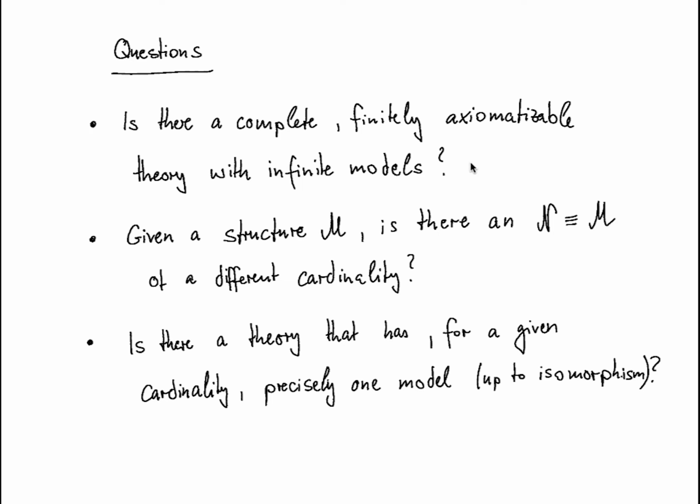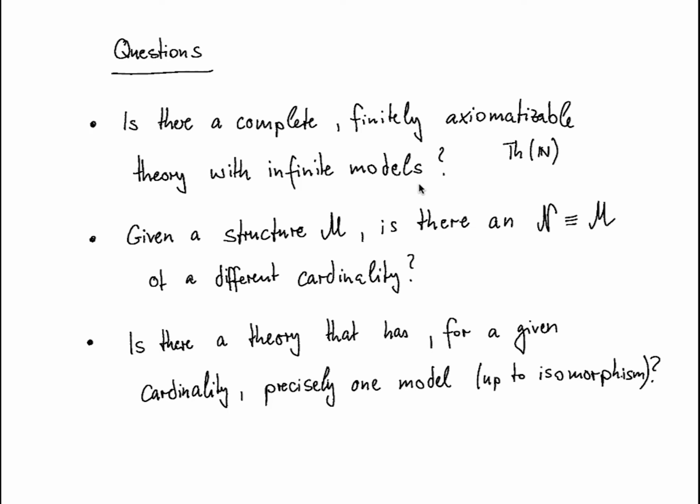We finish this lesson with a few questions that we aim to answer over the next few lectures. First, is there a complete finitely axiomatizable theory with infinite models? We've seen in the world of finite models that's not hard. But so far, all our examples for infinite models were just taking the theory right away, for example the theory of N, and the question would be, is this finitely axiomatizable?